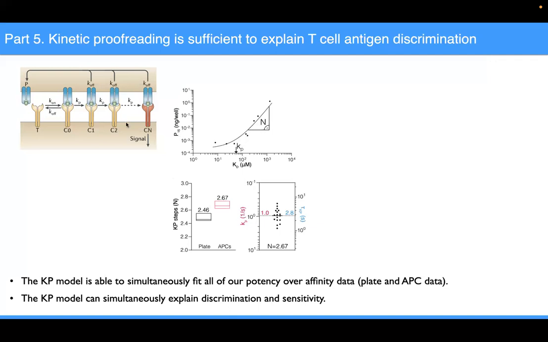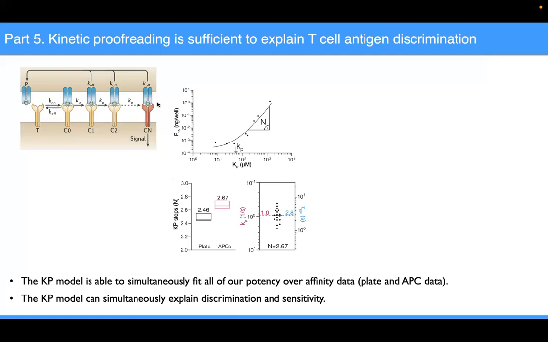And these parameters effectively determine the length of this proofreading chain. So KP determines the rate at which the receptor becomes modified, and N is the number of these biochemical steps. And so if you have a larger N or a smaller KP, then the time between binding and signaling becomes longer.